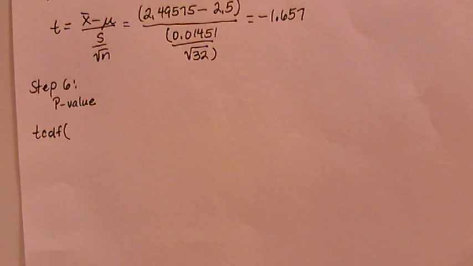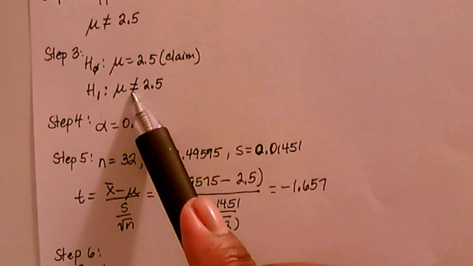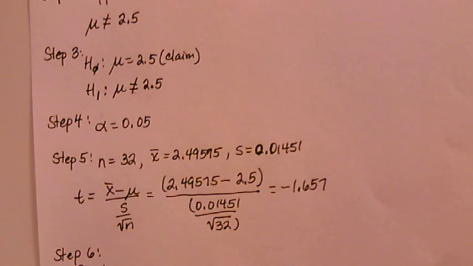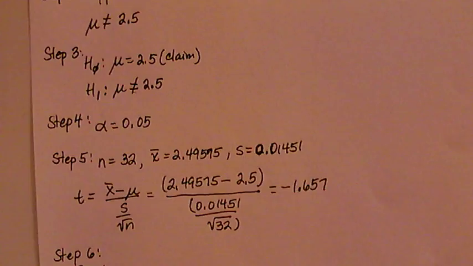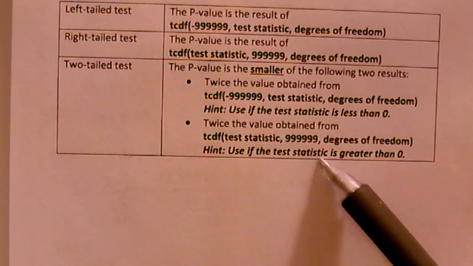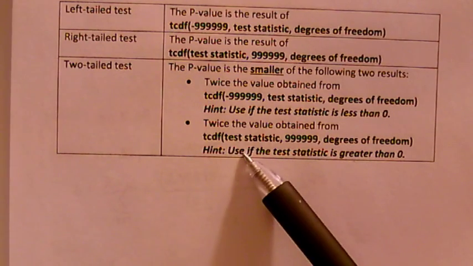Now in this case, take a look at your alternative hypothesis. It's not equal to, so that tells me that's going to be a two-tailed test. And since it's a two-tailed test, my test statistic is less than 0, so I'm going to do twice the value that's obtained from this command.